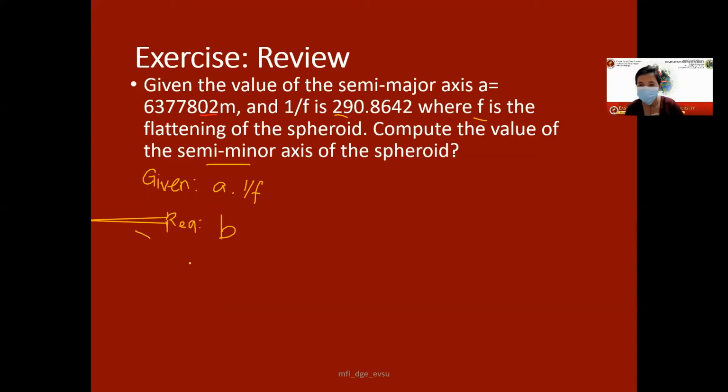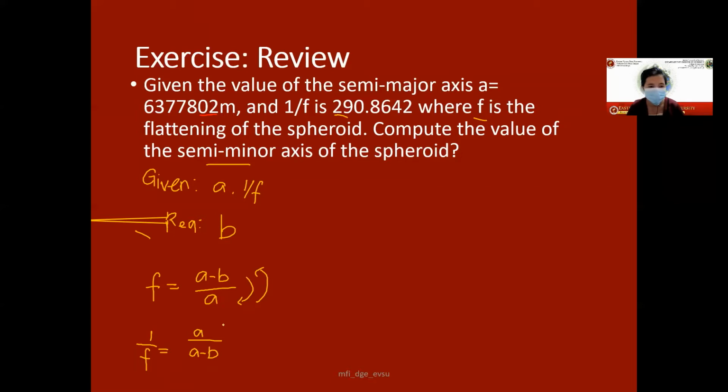So the relationship that we know is that flattening is equivalent to A minus B all over A, right? And we already know what is F, but the given is the inverse flattening. So if you take the ratio of F, which is 1 over F, it means we also take the inverse ratio of this one. So this will become A over A minus B, we invert it also.